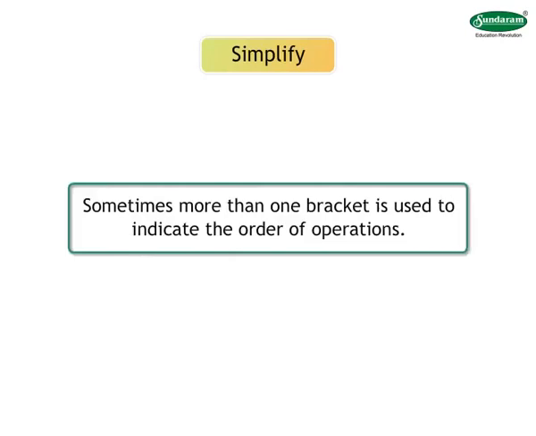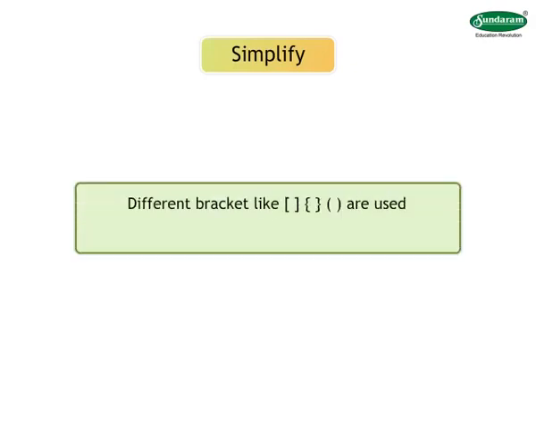Sometimes more than one bracket is used to indicate the order of operations. The brackets vary in shapes as square brackets, curly brackets, and simple brackets. We do the operation inside the innermost bracket first. Let us look at the example.